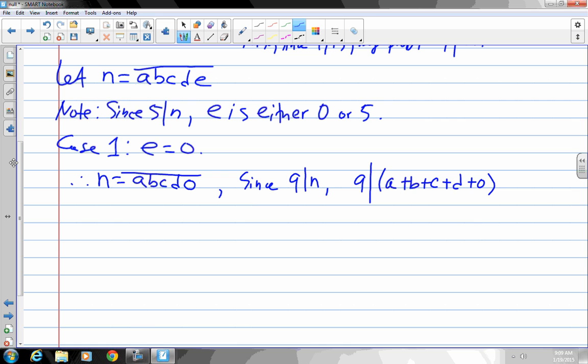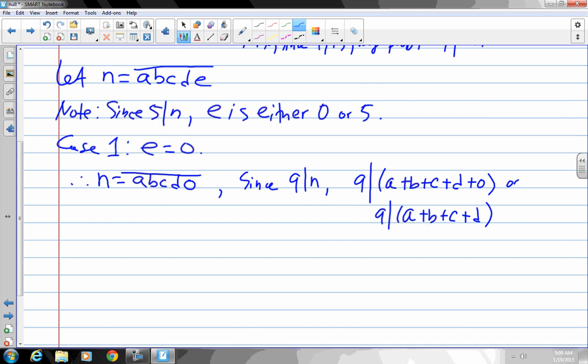No reason to put plus 0, because 0 doesn't do anything. So we can just say A plus B plus C plus D, the sum of the first 4 digits.